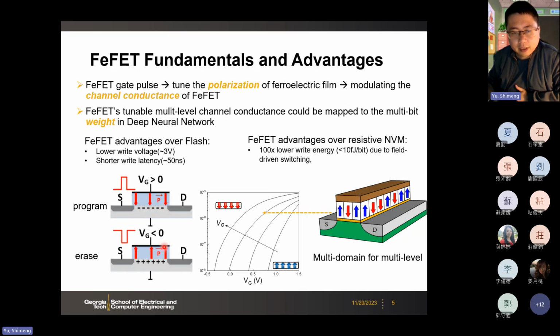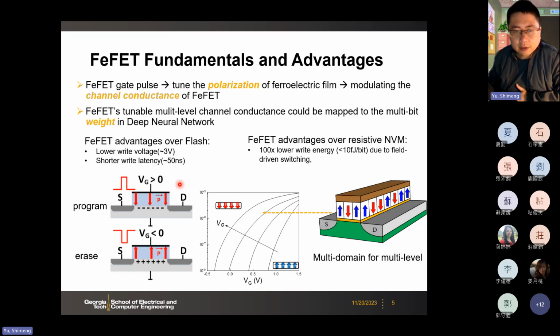And if you apply a negative gate voltage, you are going to increase the threshold voltage. This direction is opposite to the flash. In flash, when you have a positive gate voltage, you are going to increase the threshold. Here in the ferro, you are going to decrease. So the switching direction is different.